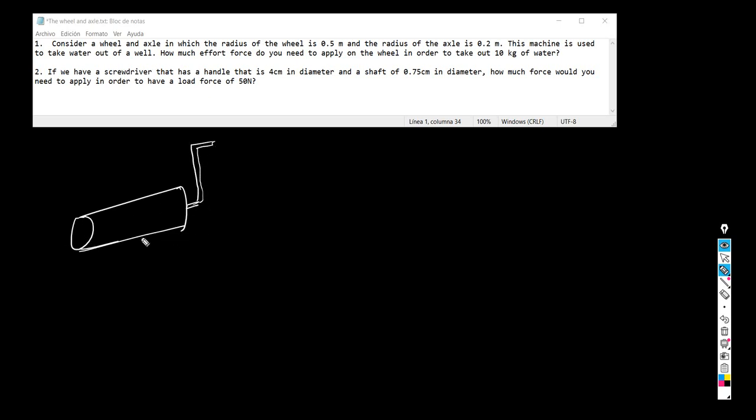And we have the axle, and they are giving us the radii of both of them. So the radius of the wheel is 0.5 meters, and the radius of the axle is 0.2 meters. Okay. And then let's continue.